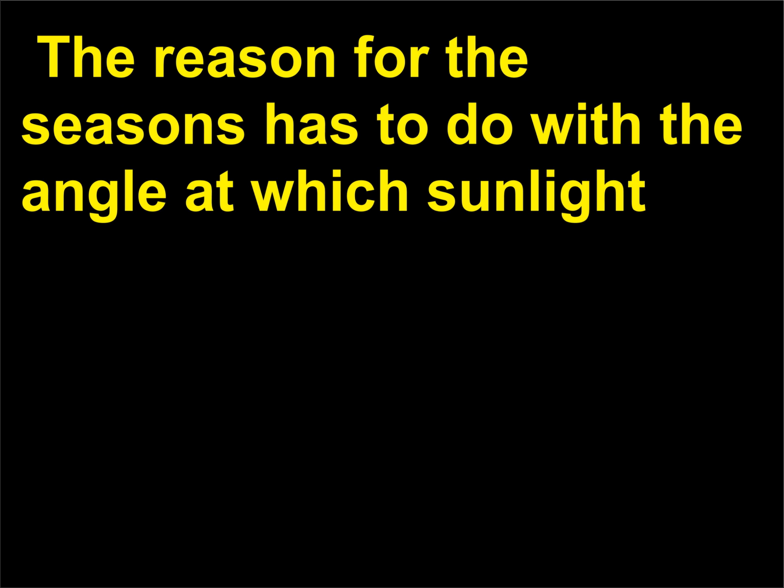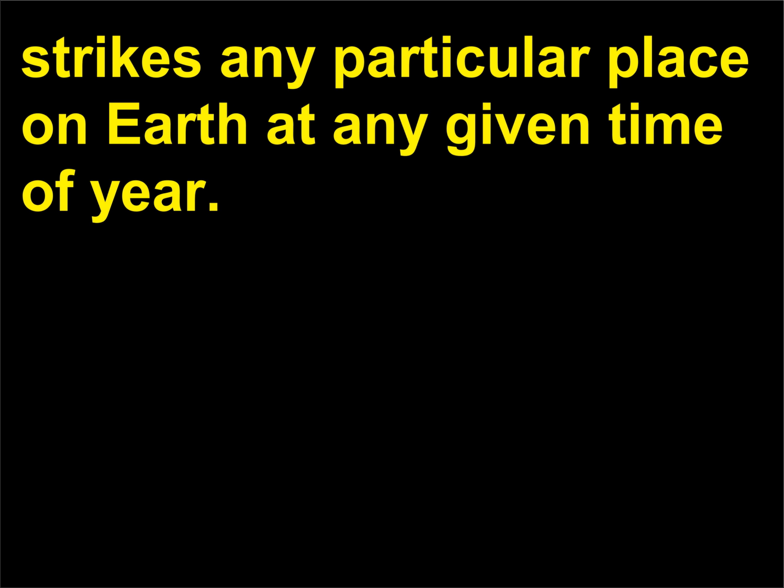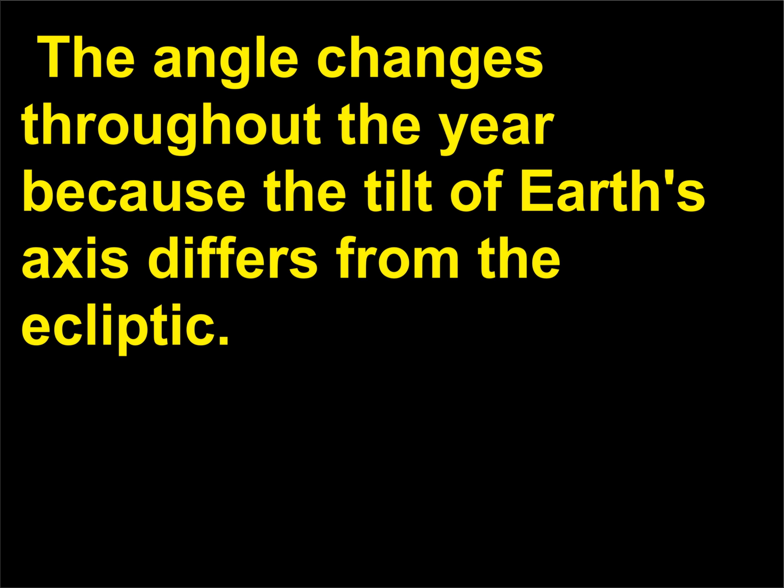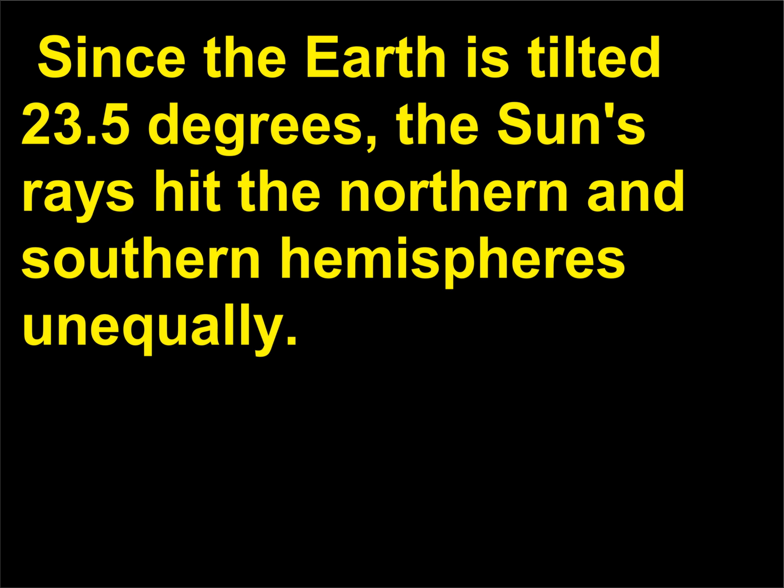The reason for the seasons has to do with the angle at which sunlight strikes any particular place on Earth at any given time of year. The angle changes throughout the year because the tilt of Earth's axis differs from the ecliptic. Since the Earth is tilted 23.5 degrees, the Sun's rays hit the northern and southern hemispheres unequally.